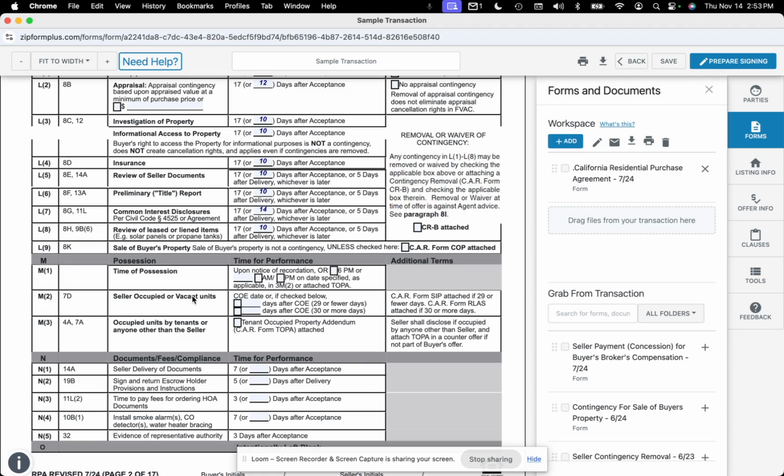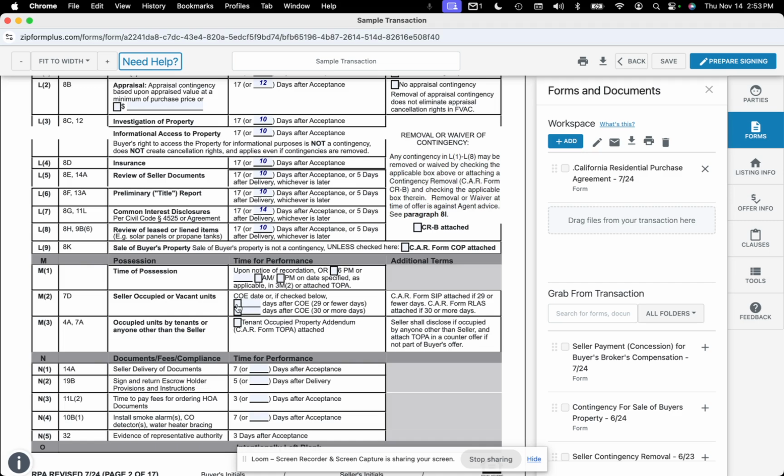Seller occupied or vacant units. So if the seller is still in the house and you're ready to move in, or if the units are vacant but it is occupied, when are you going to be able to move in? When I say vacant but occupied, I mean their stuff is still there.